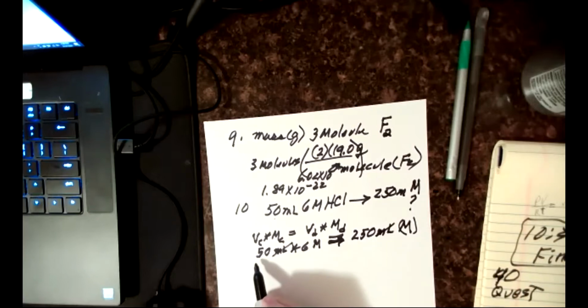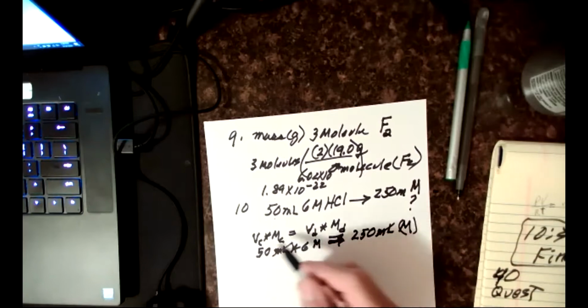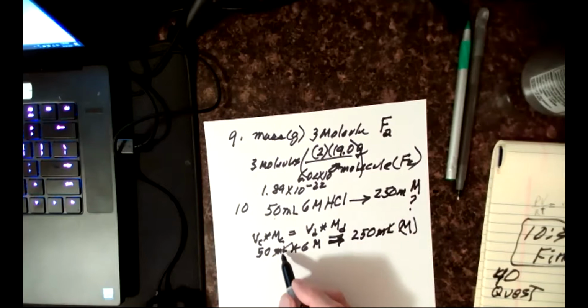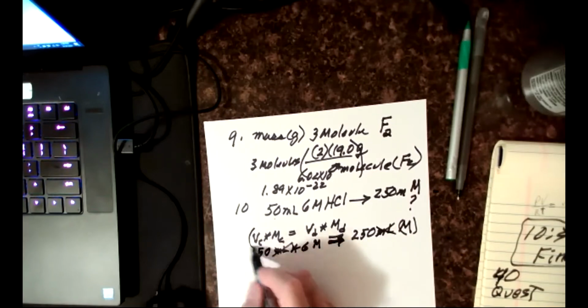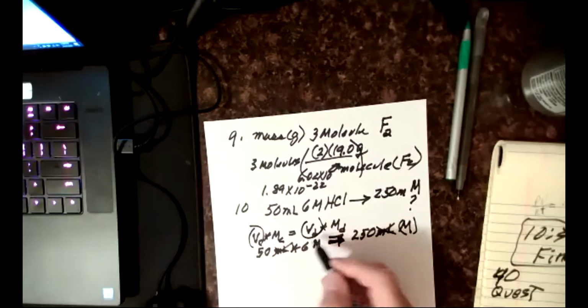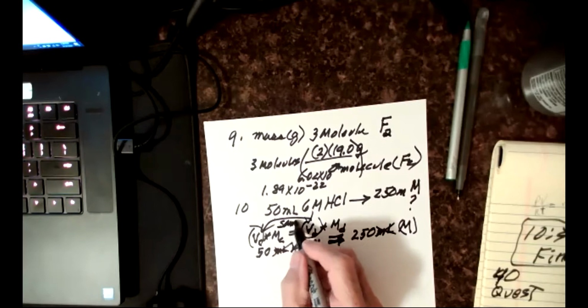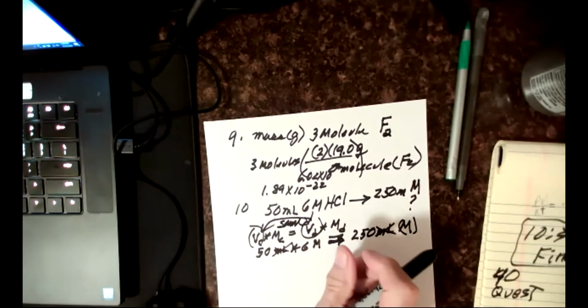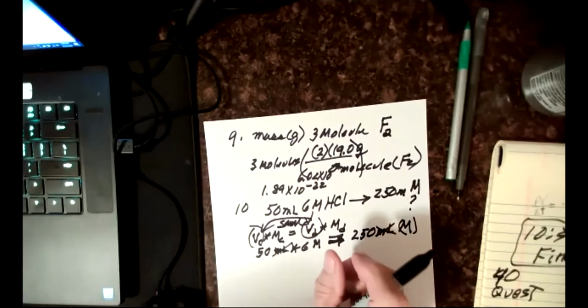So if I did 250 times 10 to the negative 3 and 250 times 10 to the negative 3, the 10 to the negative 3s would cancel on both sides. So the important thing about this is to keep the same volume unit on each side. That'll save some time in doing the math and maybe some potential mistakes in converting to moles every time.